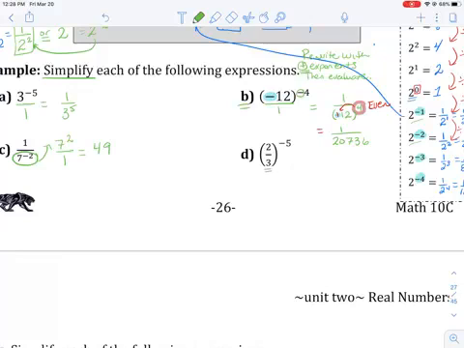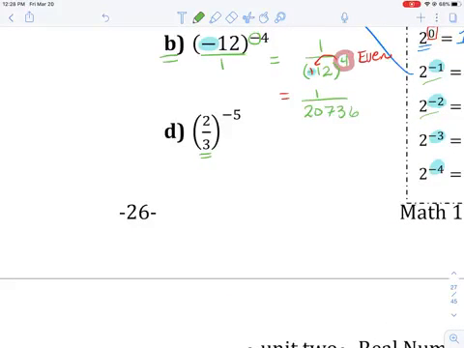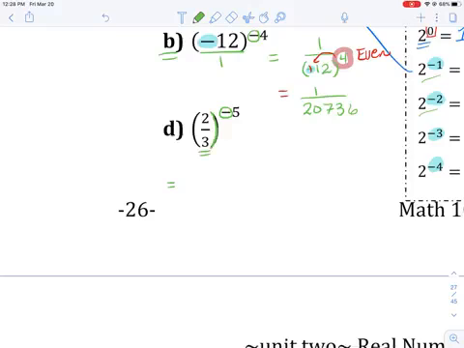Okay, if I look at question D, there's a couple ways to work through this, and sometimes there's more than one way. As long as we're following our exponent laws, there's sometimes more than one way to do a question. If I see this negative exponent, it simply means I take the reciprocal of the base. So our base here is 2 over 3, and if we take the reciprocal of that, we get 3 over 2 to the power of 5, positive now.